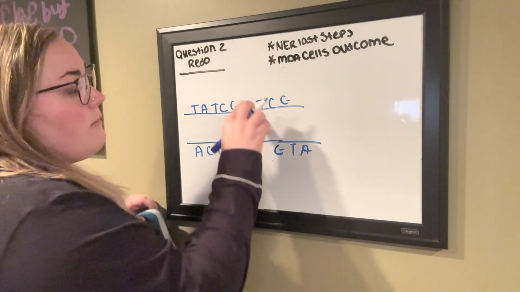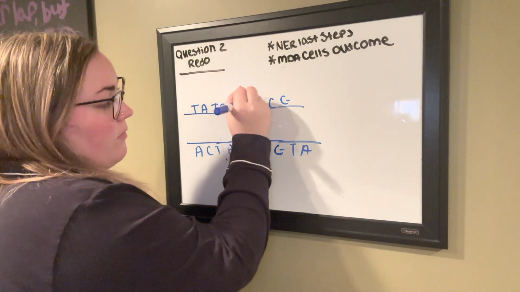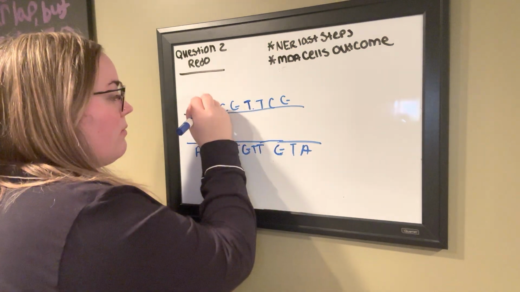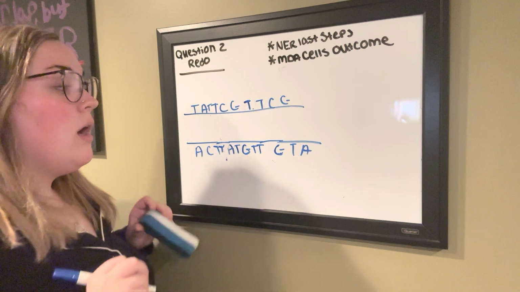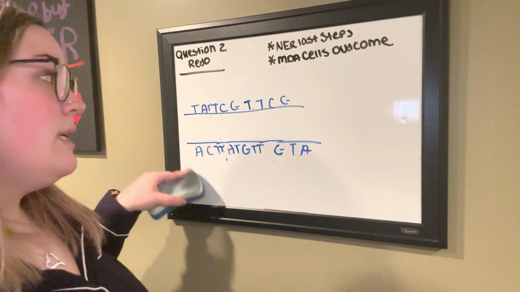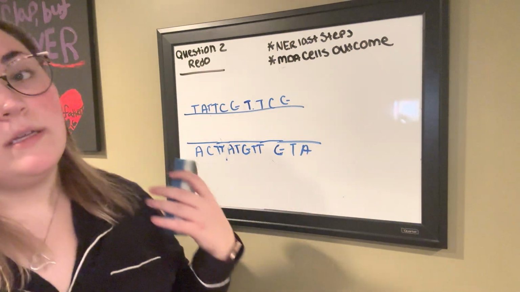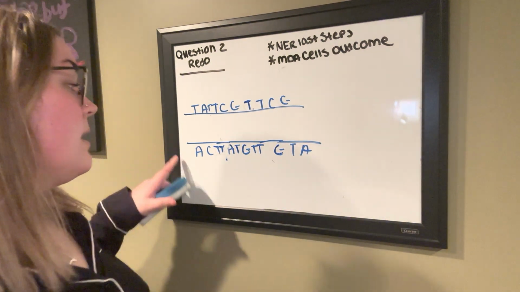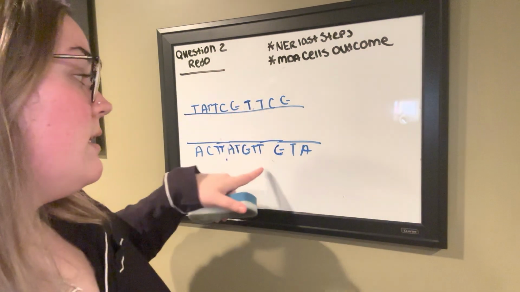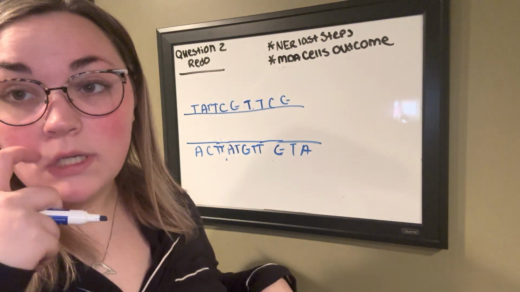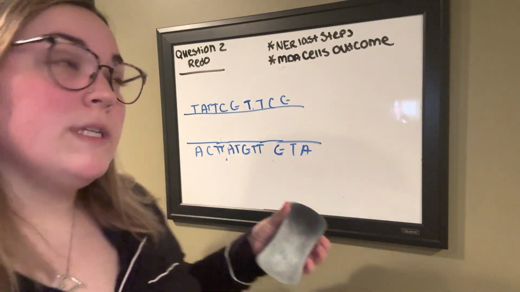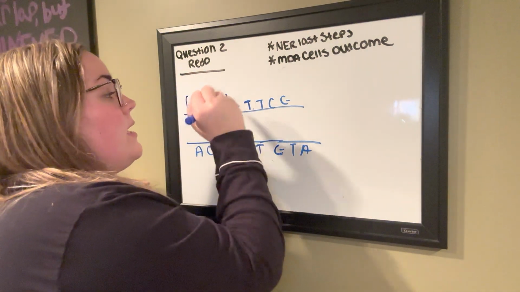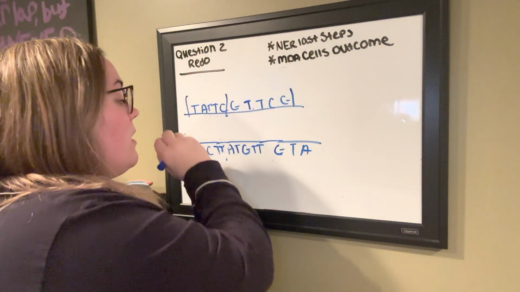But say we have extensive damage, so multiple thymine dimers form. That would indicate that cell death, apoptosis, would most likely occur, because so many thymine dimers are formed. It's hard for the cell to replace them all, because you would have to make a cut here, here, here.